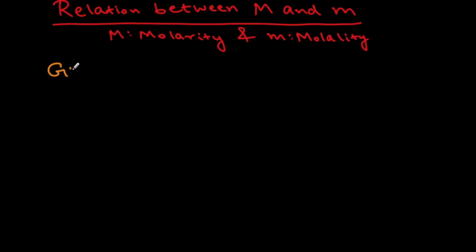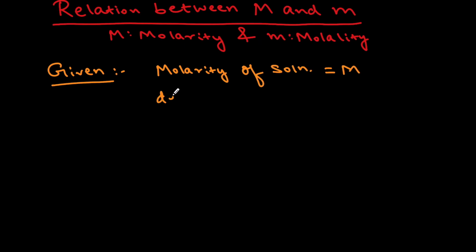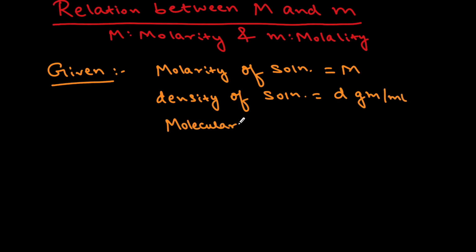So for finding out the relation between them, we'll write the given terms which we already know. We know molarity of solution, which we denote by capital M. We know density of solution, which we denote by small d, basically small d gram per milliliter, and molecular weight of solute, which is M solute.